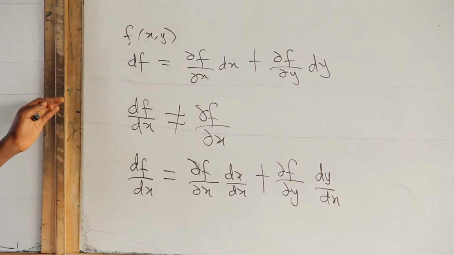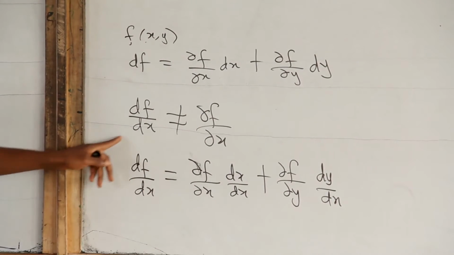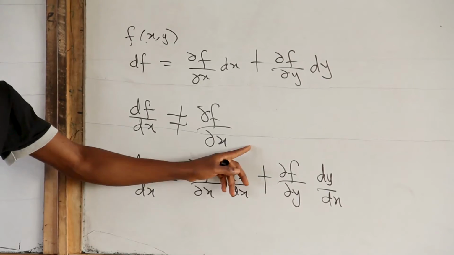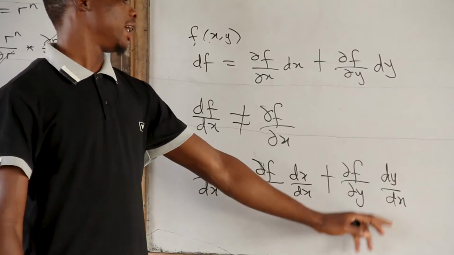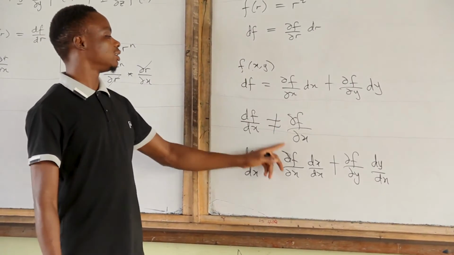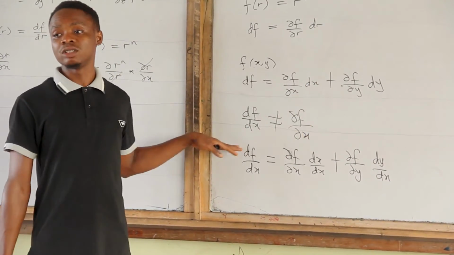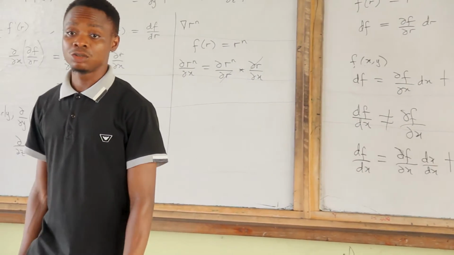Is it making sense? This gives me the total derivative with respect to x. Of course, dx dx is 1, so I can ignore that. Then I have dy dx. So that means that obviously df dx is not the same thing as del f del x because it depends on more than one variable. Is it clear? You understand this?